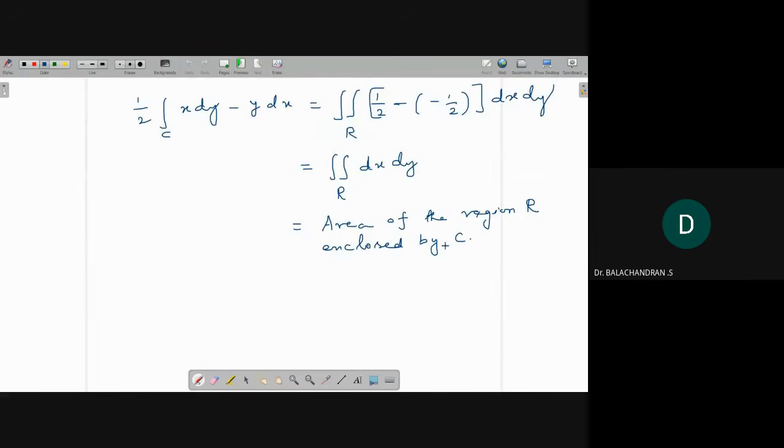Okay, so I proved the first part. Even you can write here like this, and I don't want to waste my time. In the next line you can write: area of the region enclosed by the curve C equal to half of this.